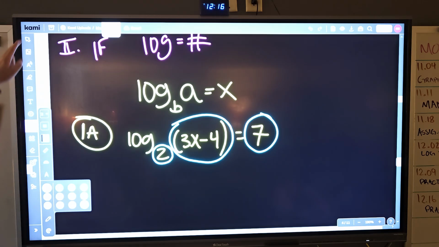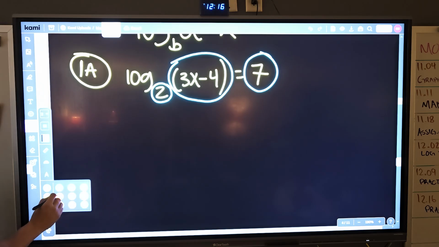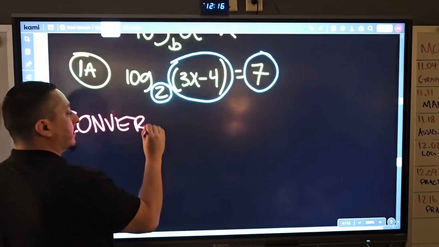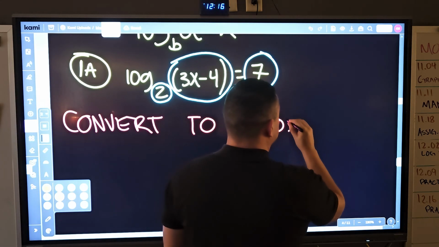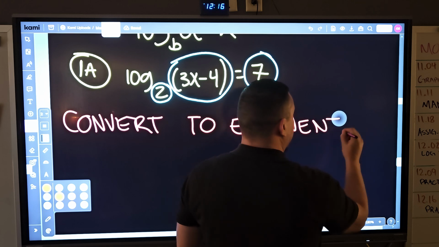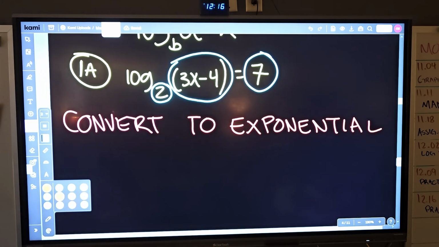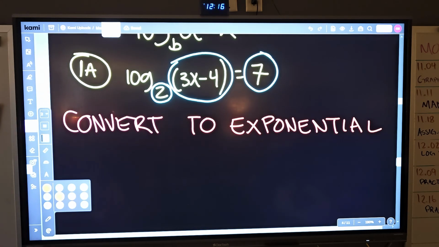So if it is in that form, here's the key to these. I'll put it in red because it's important. You convert to exponential. These are even easier than the last ones, promise. Check this out. All you do is this. This is what you learned Monday, when you're converting to exponential and logarithm.